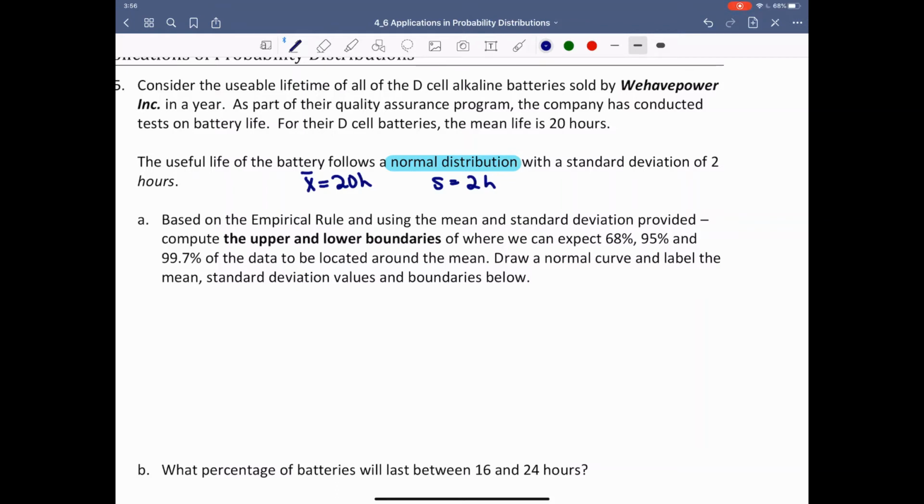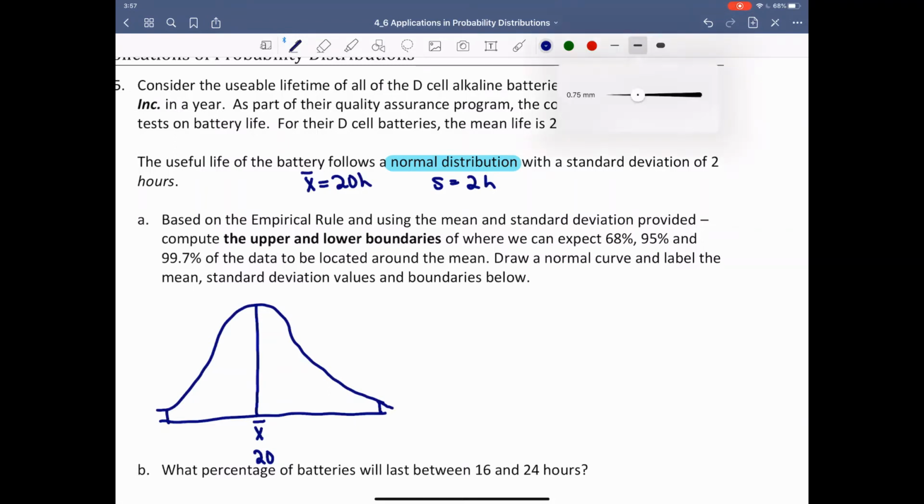Okay, so using the empirical rule, we can identify all of those things, but first I like to think of this in terms of my diagram, and we can write things out. So we know that we have our mean, which is 20, and almost all the data, 99.7% of the data, falls within 3 standard deviations of the mean. So this is x bar minus 3s and x bar plus 3s.